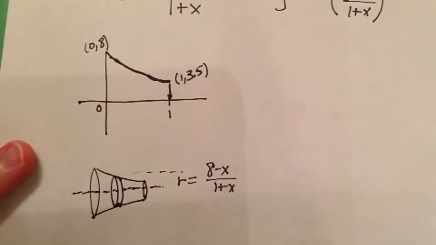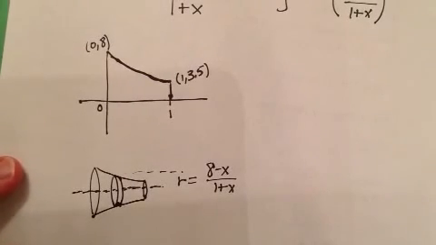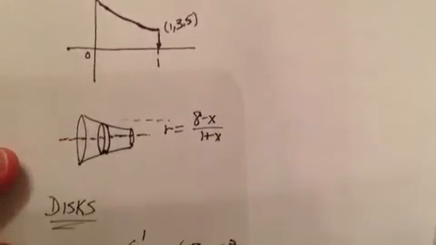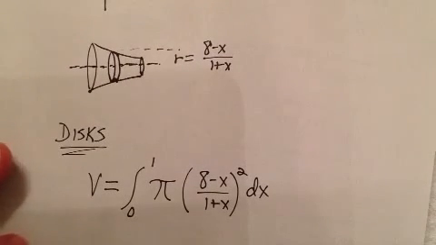With the method of disks, going from x equals 0 to x equals 1, and considering that a disk refers to the area of a circle, namely pi r squared, we have pi times the square of the radius, the square of (8 minus x) over (1 plus x).